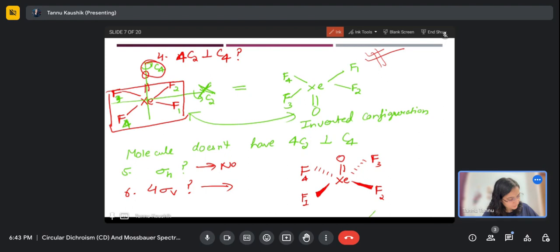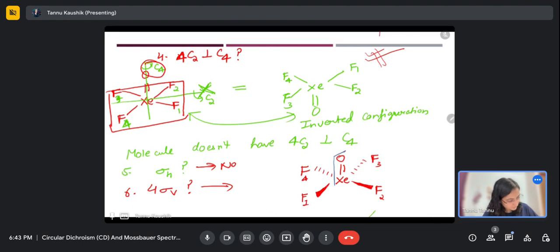So this is one sigma V plane. Then we have this sigma V plane. This plane will contain this gene and double bond O on it. All vertical planes will contain the principal axis on it.